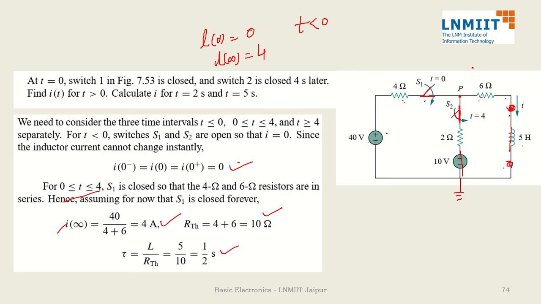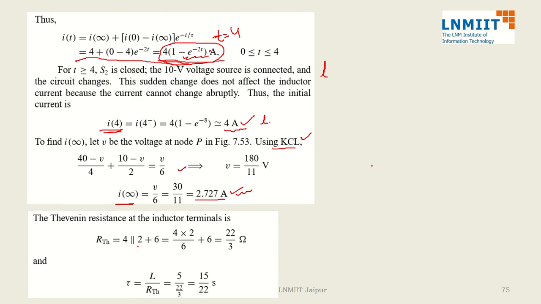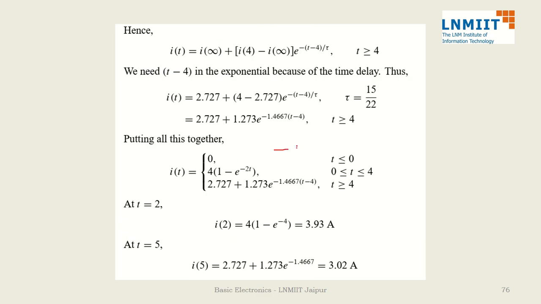This will be short circuit, this will be short circuit, 4 and 2 parallel, series with 6. So this is my R, L by R, and then I get my new equation. I infinity 2.7, I initial is 4.